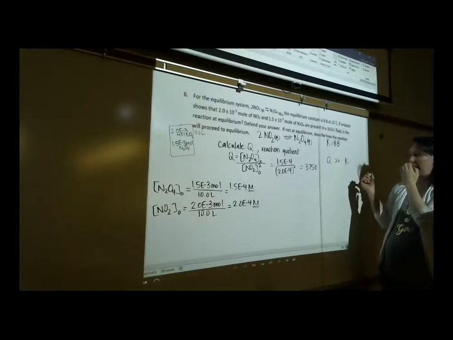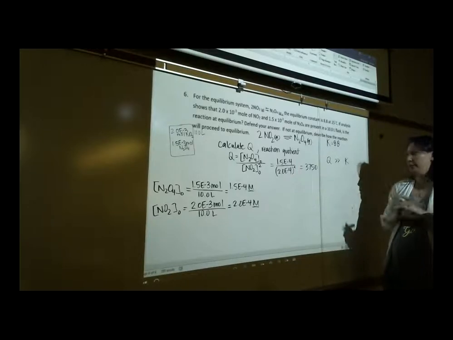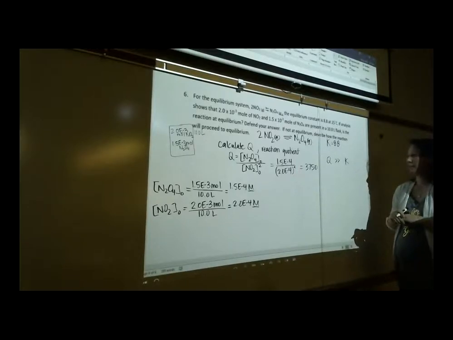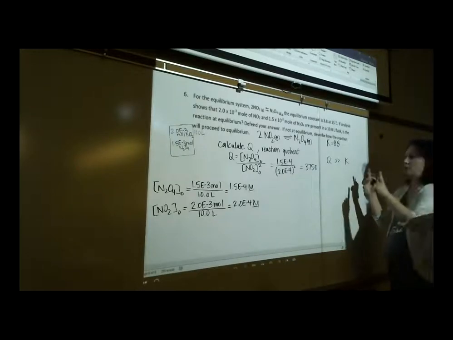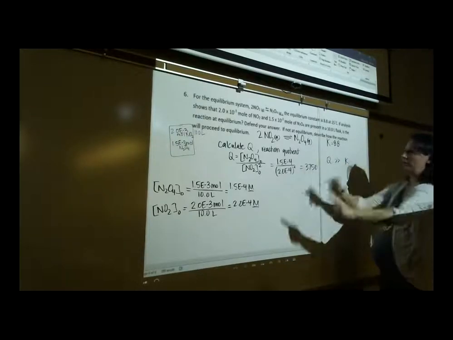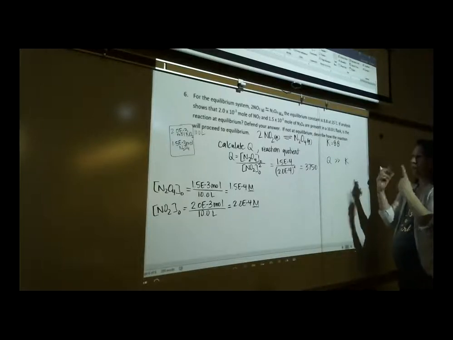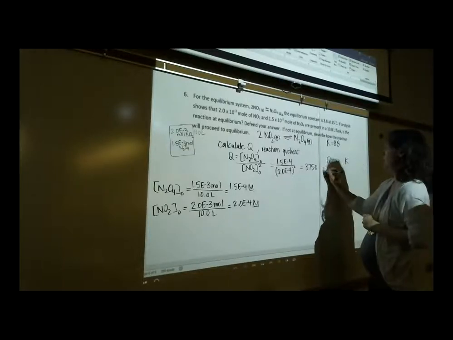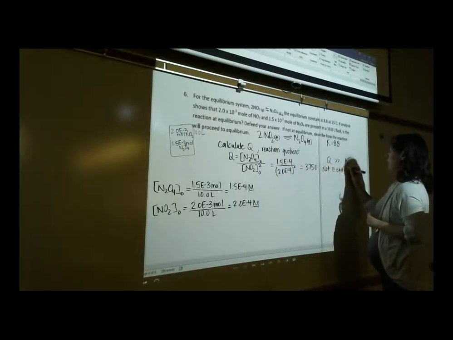So which one do I have more of? Is my numerator too big or is my denominator too big? Let me rephrase the question. Which way do I need to shift? We need to shift to the left or to the, which side of this? Is that reactants or products? We're going to shift to the reactants, right? So we are not at equilibrium.